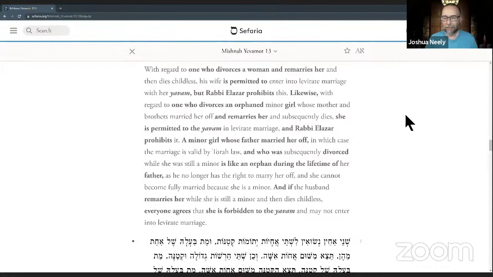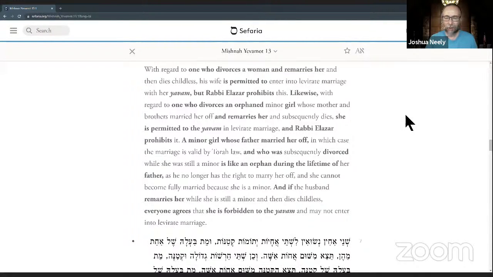But Rabbi Elazar prohibits this. Likewise, with regard to one who divorces an orphaned minor girl, whose mother and brothers married her off and remarries her, subsequently dies, she is permitted to the Yavam and levirate marriage, and Rabbi Elazar prohibits it.